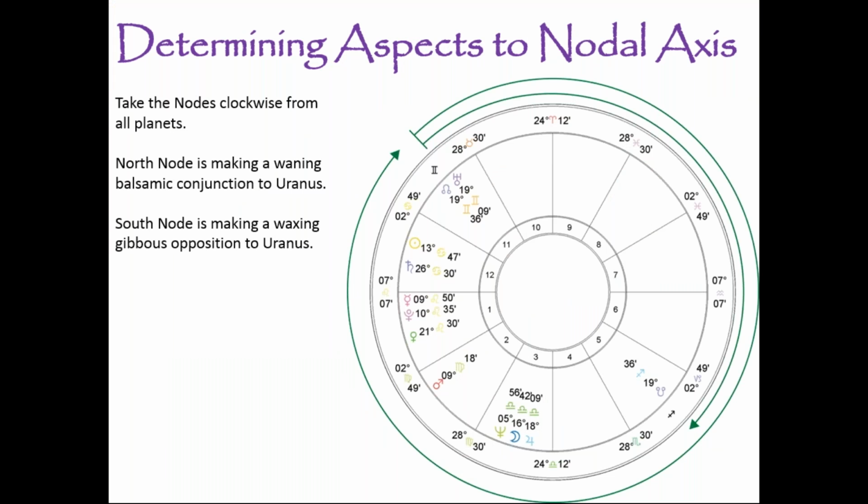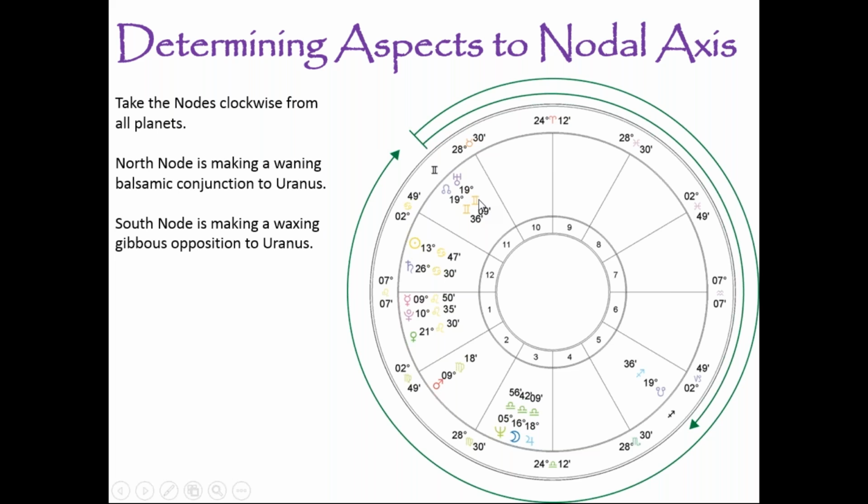Now, here is how we determine aspects to the nodal axis. As you can see, you will take the nodes clockwise from all the planets. And what this means is the planet becomes the starting point or the 0 point. And from the planet in question, you'll go clockwise till you reach the nodes. So in this example, I use the nodal axis relationship to Uranus.